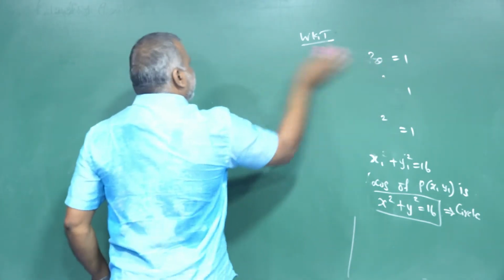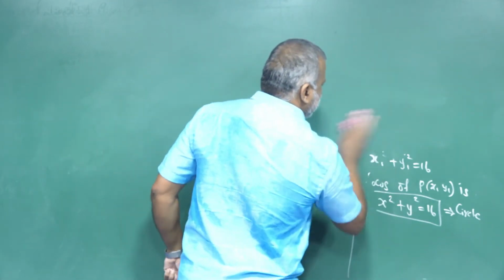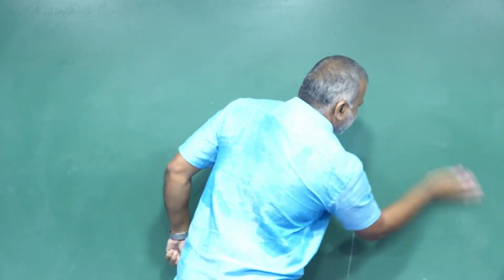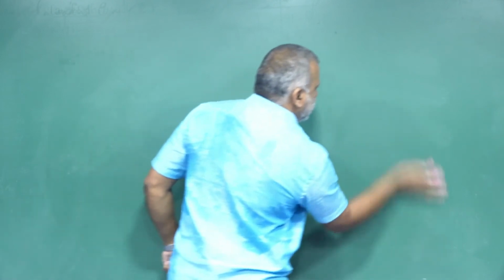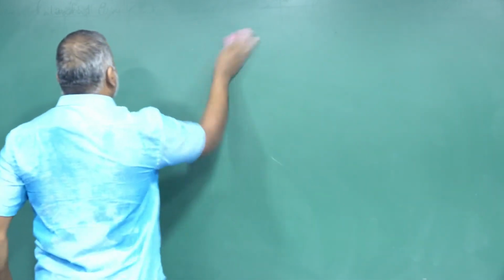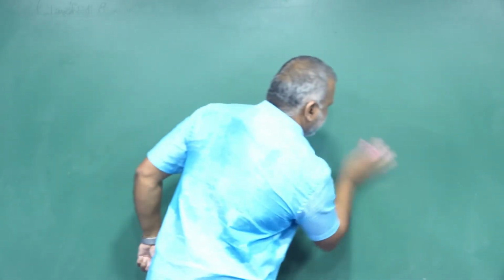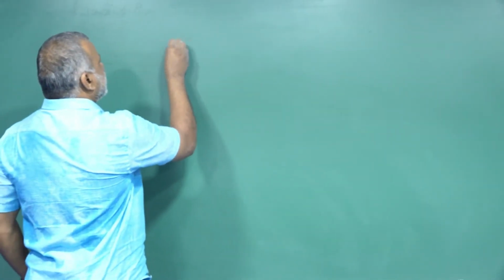Again, one more question. We already discussed the same model in the previous video. Now listen, the same concept we are going to use once again. Take down the question clearly.